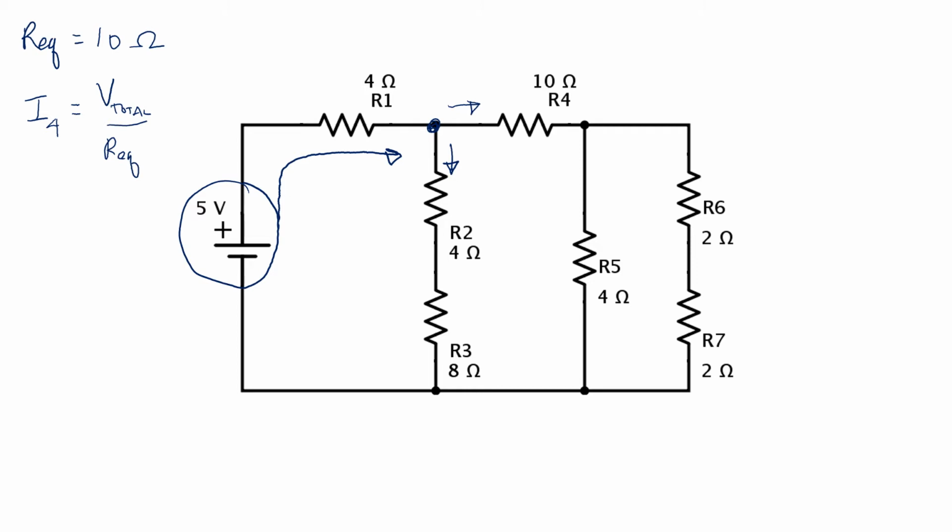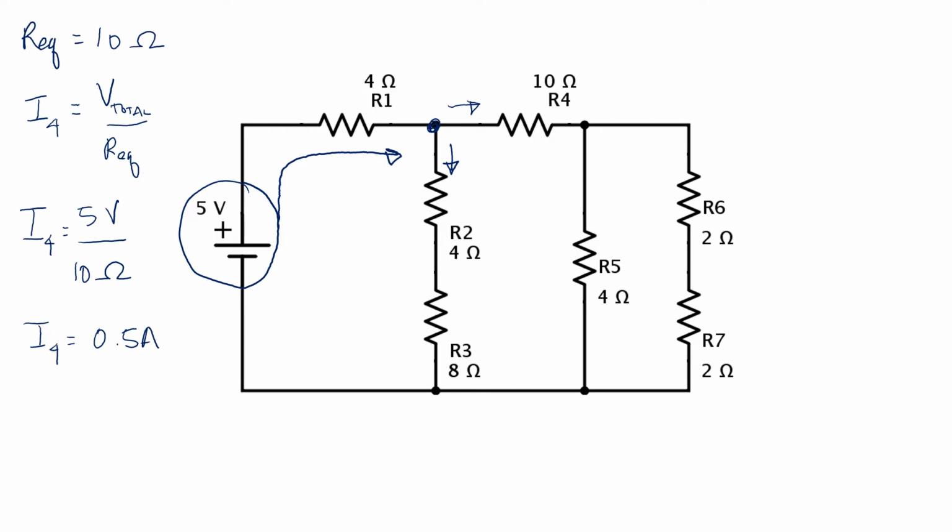So that's actually all, or the total current. So for the 4 ohm resistor, I would take the total, which is 5 volts, and 10 ohms is the equivalent resistance. So the total current, which is the current that goes to the 4 ohm resistor, is half an amp.